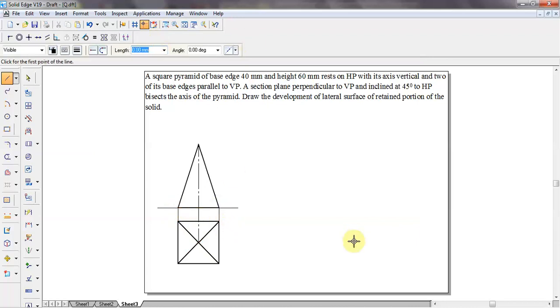So this is a pyramid having two of the base edges parallel to VP and height of 60 mm.